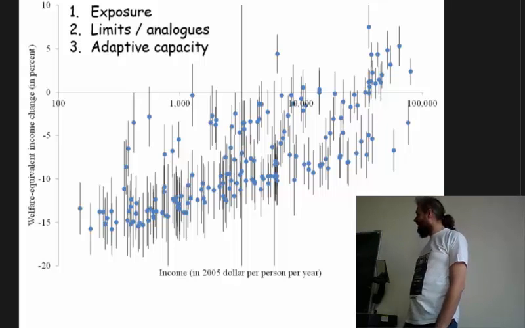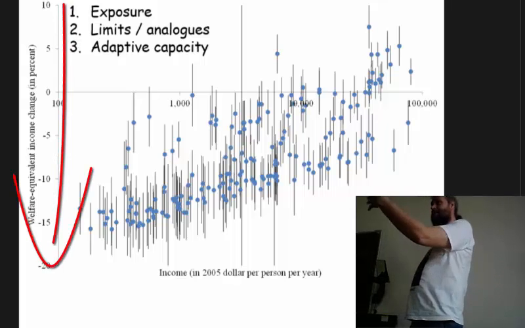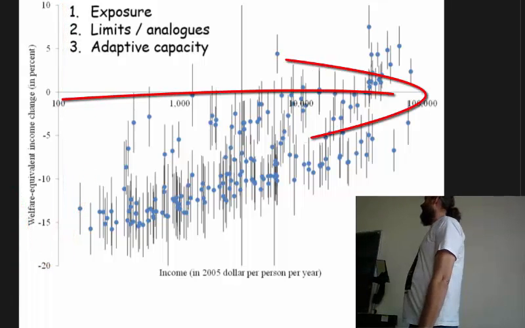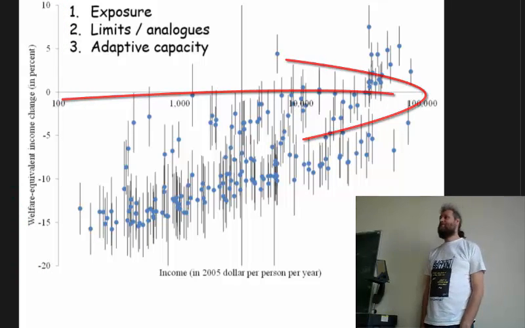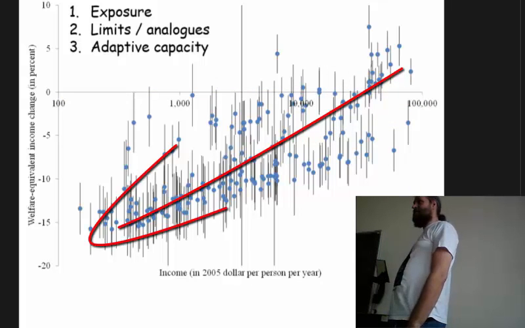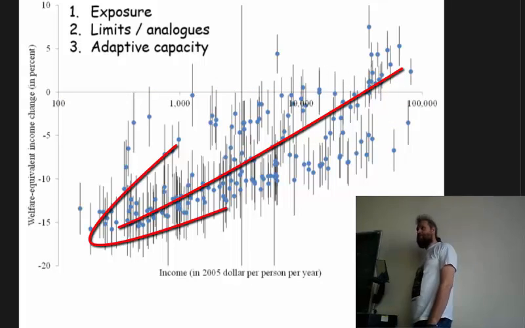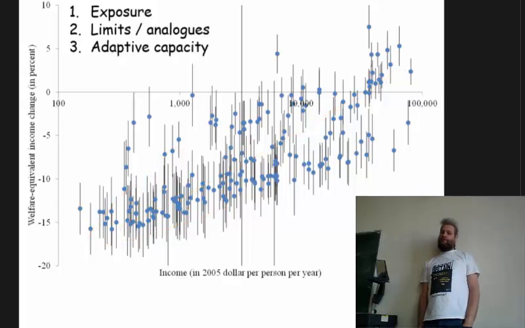The vertical axis is again the welfare equivalent income loss. The horizontal axis is per capita income in the year 2005. And what you see is that poorer countries tend to suffer higher impacts proportional to their income than the richer countries. There are three reasons for that.